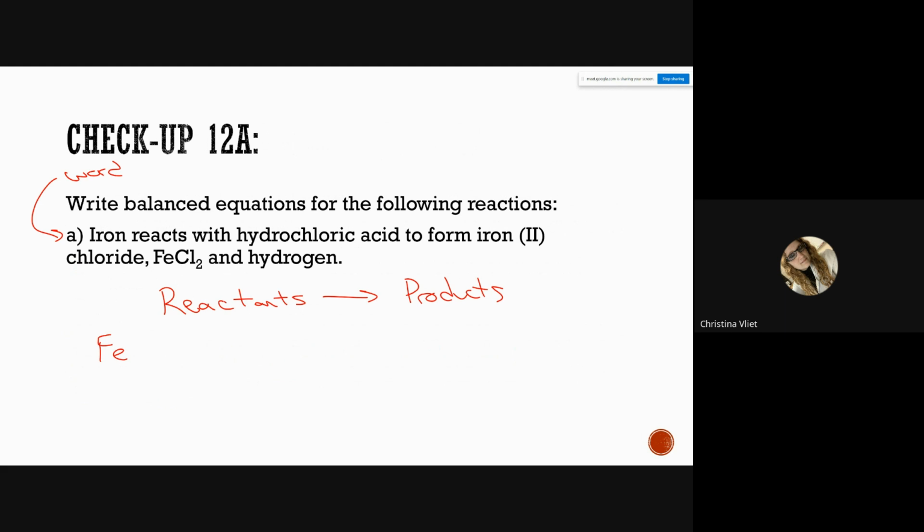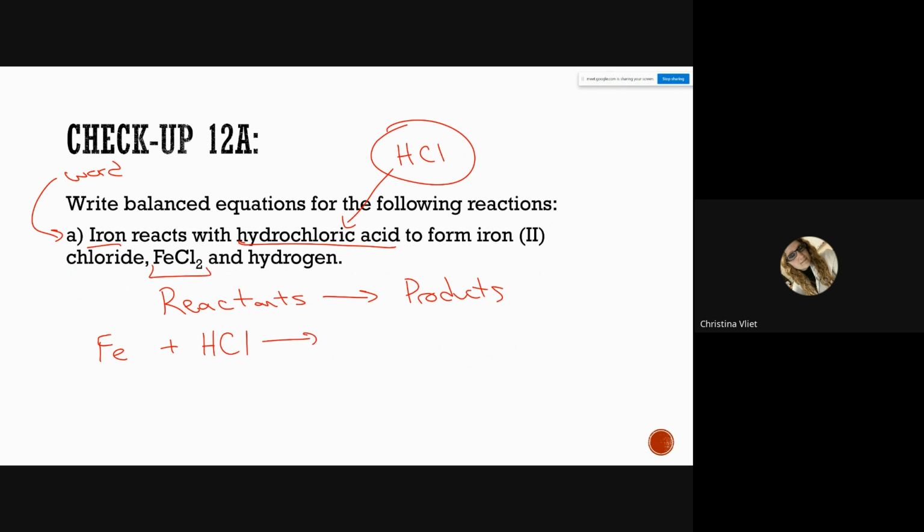Okay. It reacts with hydrochloric acid. Do you know what hydrochloric acid is? It is assumed you know this. It is HCl, in case you don't. Hydrochloric acid is HCl. In a lesson very soon, I'm going to go over the 3 acids you have to memorize by heart. Okay, what are my products?